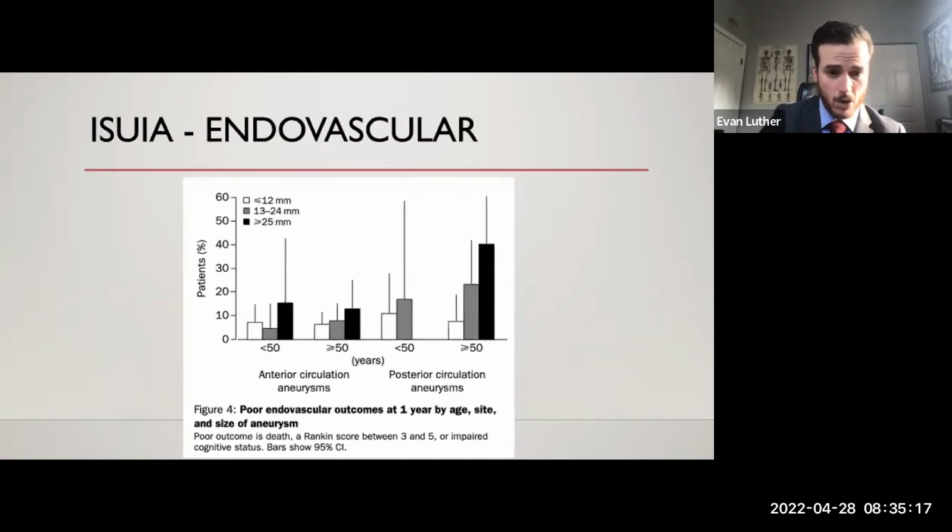In the endovascular arm, the only real predictors of poor outcome were large aneurysms greater than 12 millimeters and posterior circulation location. Again, remember, these are unruptured aneurysms.